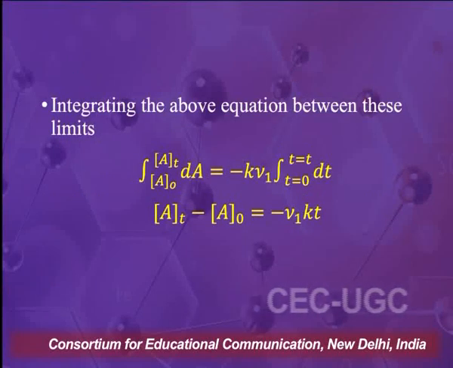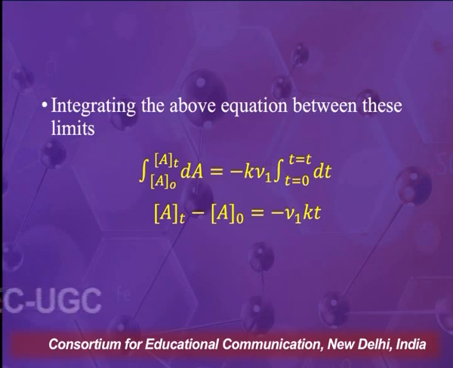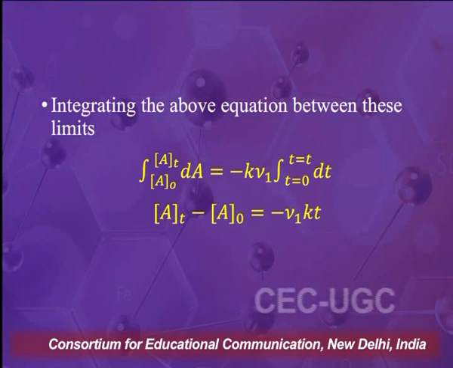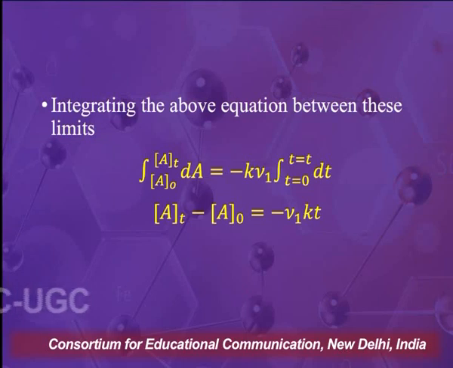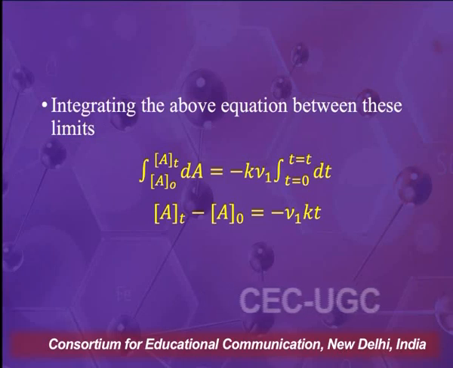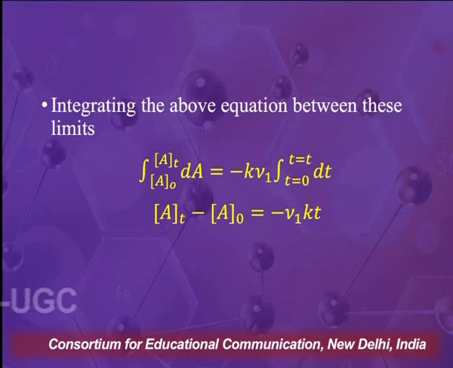Integrating the above equation between the limits A naught to At for time t is equal to 0 to time t is equal to t, we get integral A naught to At dA is equal to minus k nu 1 integral t is equal to 0 to t is equal to t dt. On integration we get At minus A naught is equal to minus nu 1 kt.